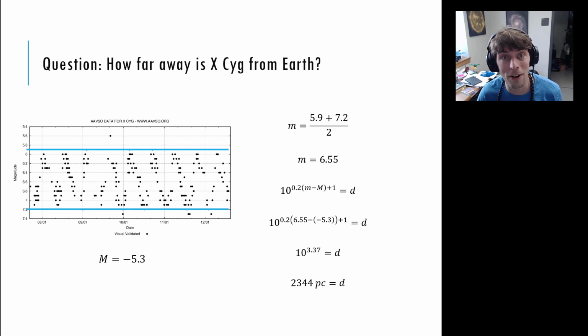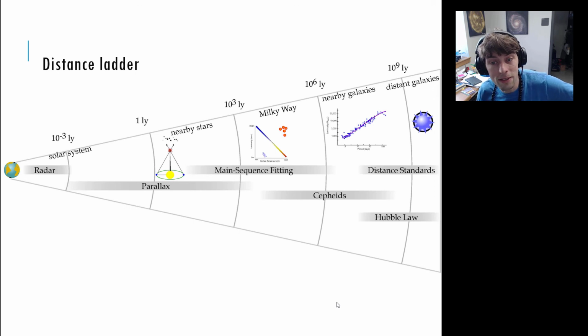We use the period luminosity relationship to get the luminosity of the star. We converted that luminosity into the absolute magnitude. And now that we have the absolute magnitude and the apparent magnitude, we get the distance to the star, 2300 parsecs. So let's return to the distance ladder. What does this mean?